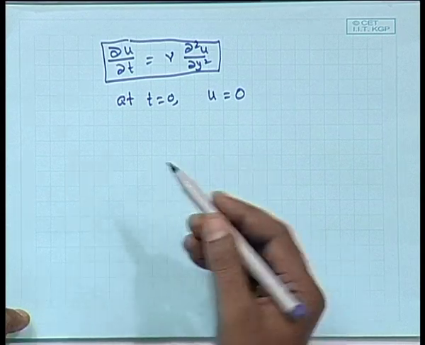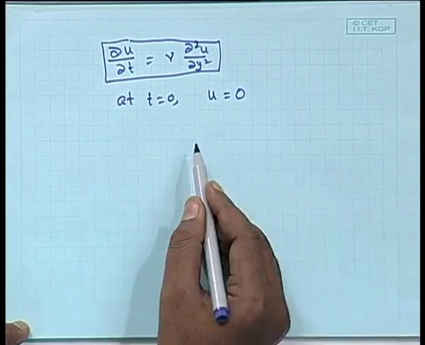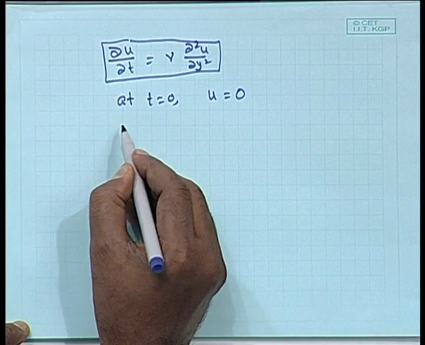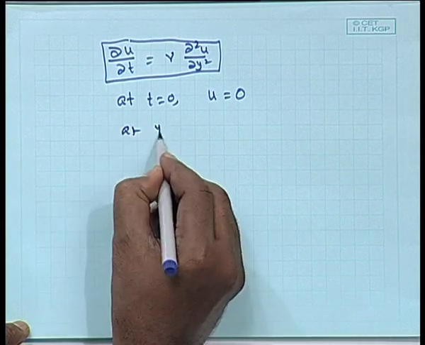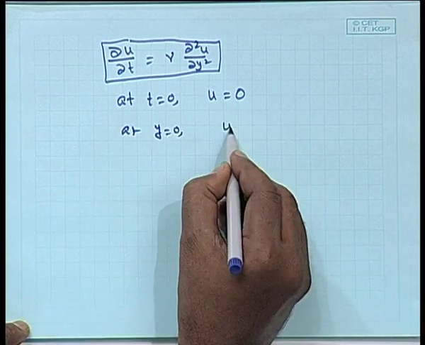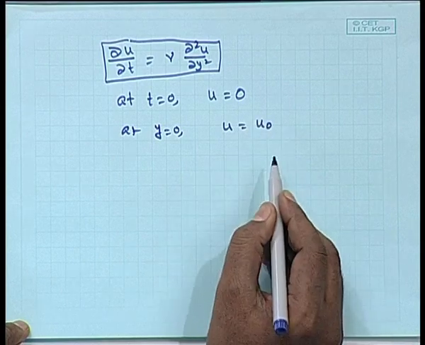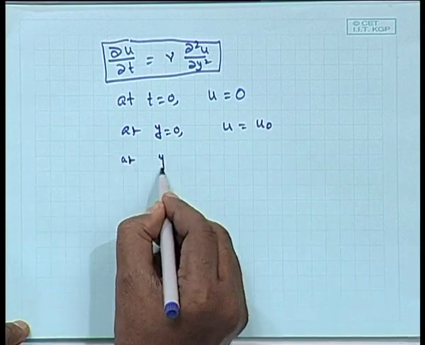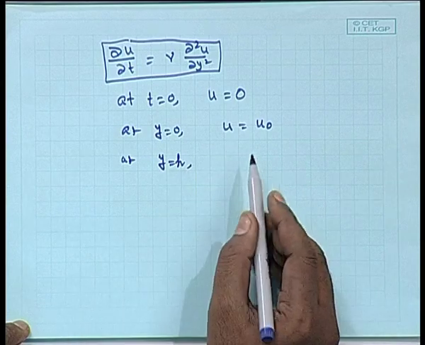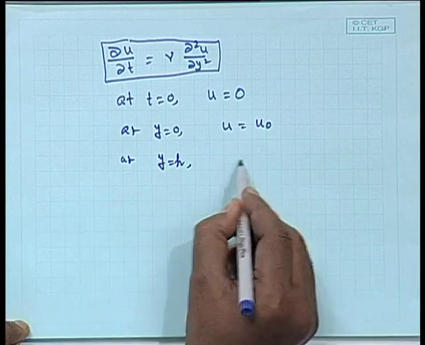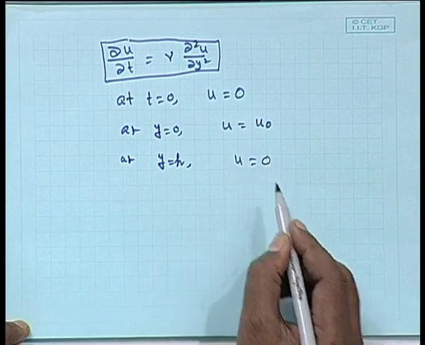It starts moving after t plus delta, let us say. For any time t, at y equal to 0, u was equal to u_0, and at y equal to h, h being the full height of the channel, u equal to 0.